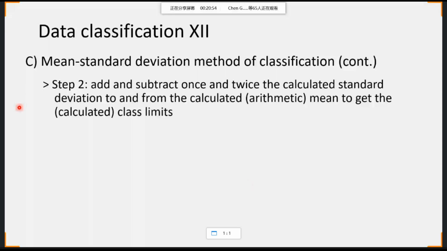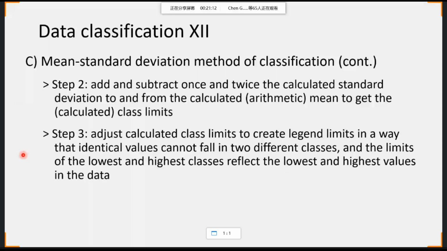Then the second step, add and subtract once and twice the calculated standard deviation to and from the calculated arithmetic mean to get the calculated class limits. Third step, adjust calculated class limits to create legend limits in a way that identical values cannot fall in two different classes.